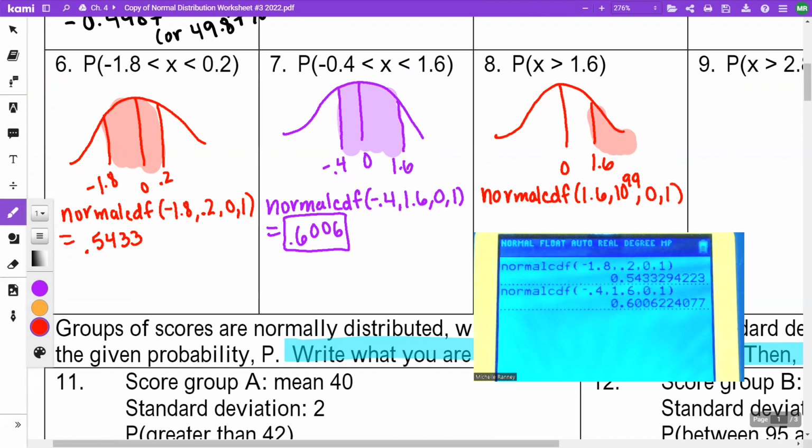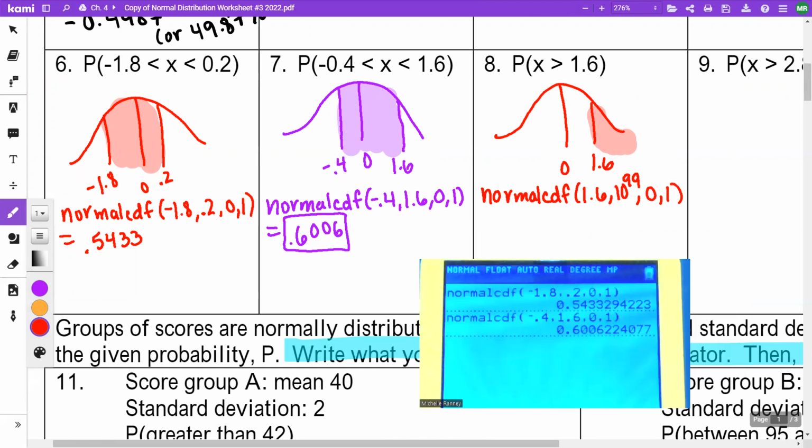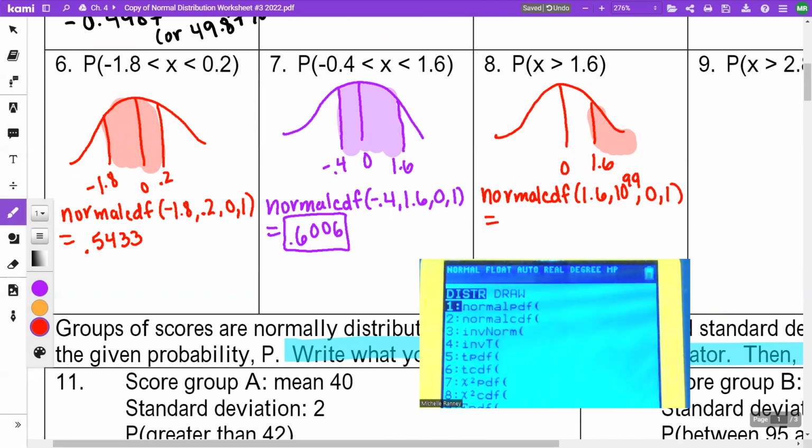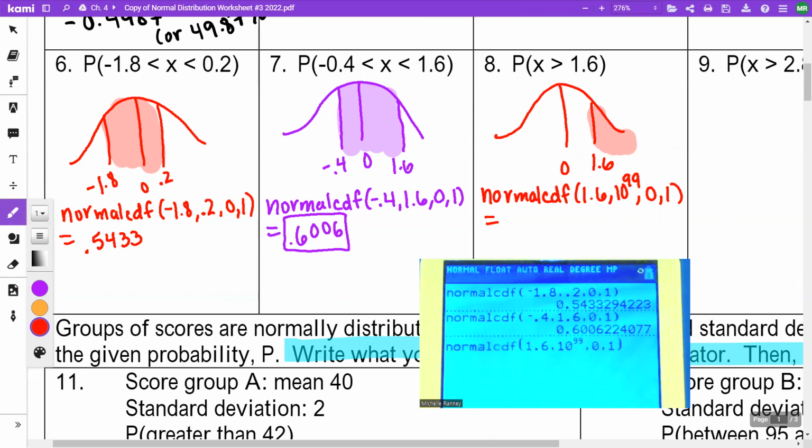Mean 0, standard deviation 1. And when I put that in, I end up with a 0.0548.